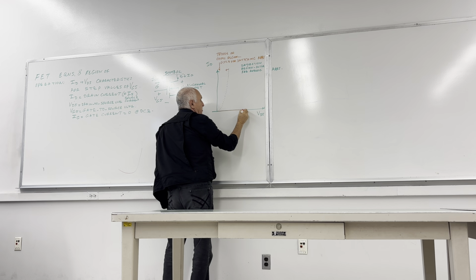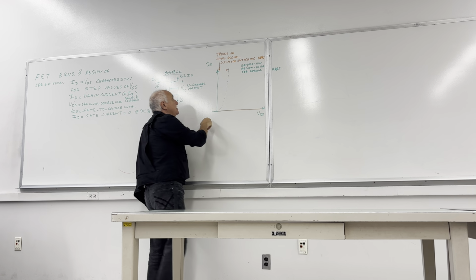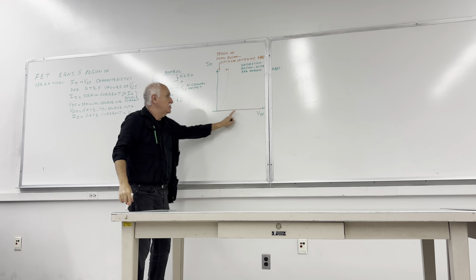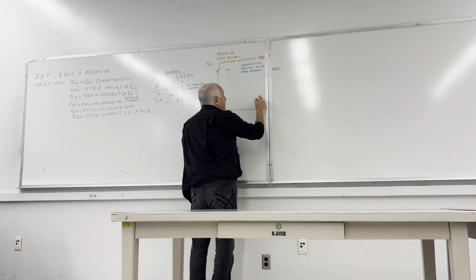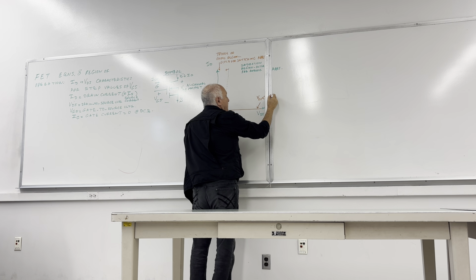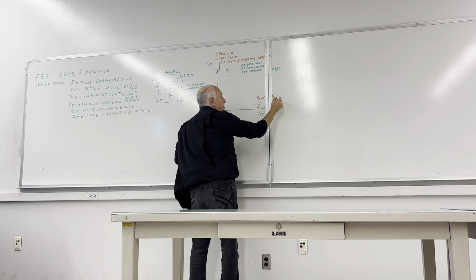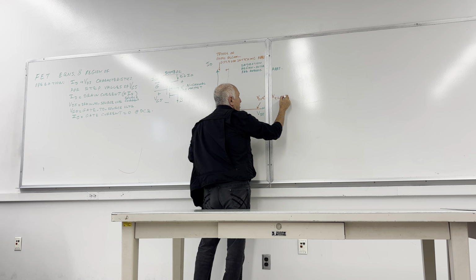First, ID will be 0 for VGS less than VT, which is known as the threshold voltage.